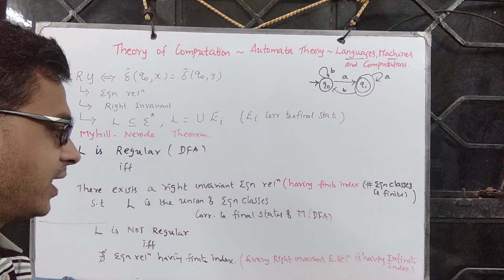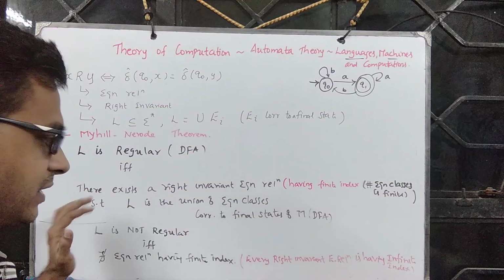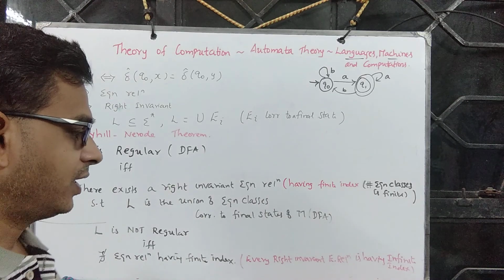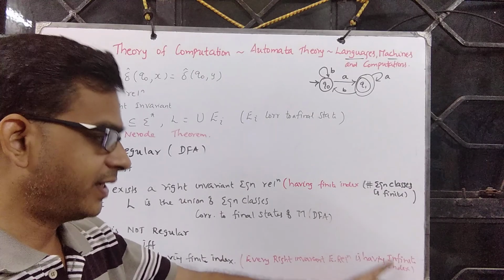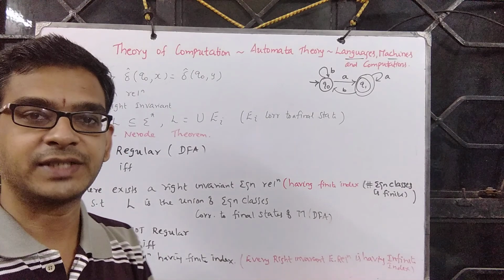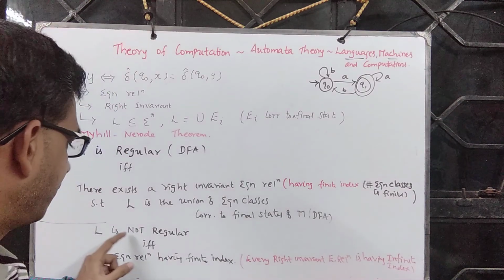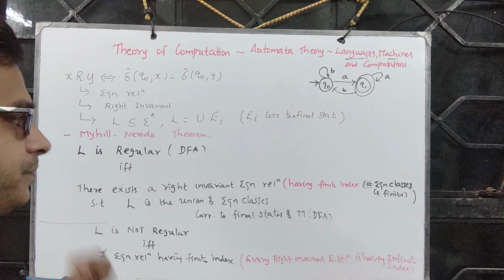If we show that for a language like a power n, b power n, any right invariant equivalence relation will certainly have an infinite number of equivalence classes, with that we can conclude it is not regular.